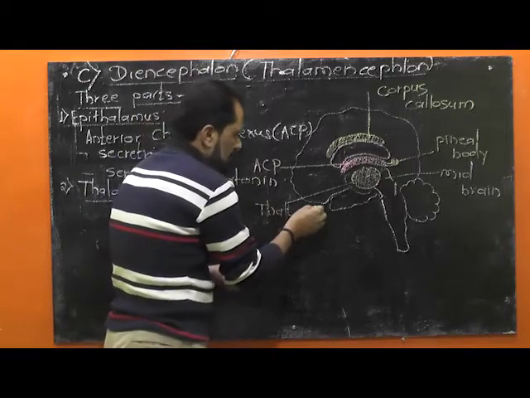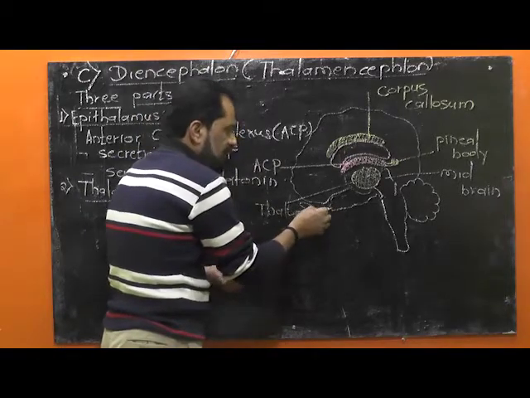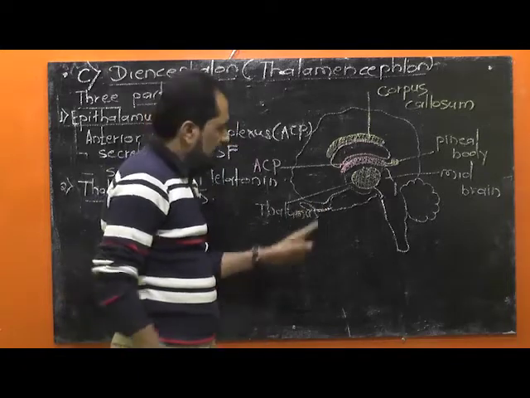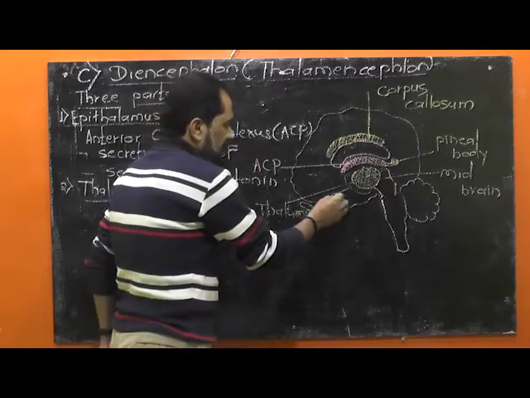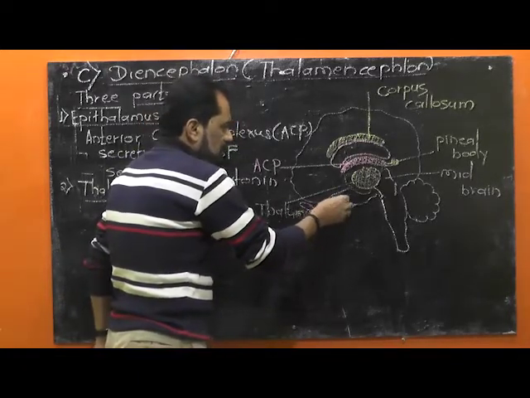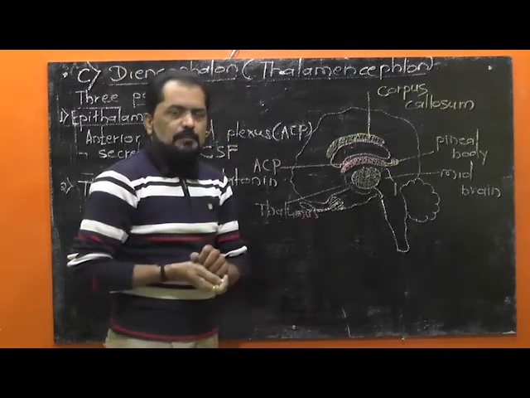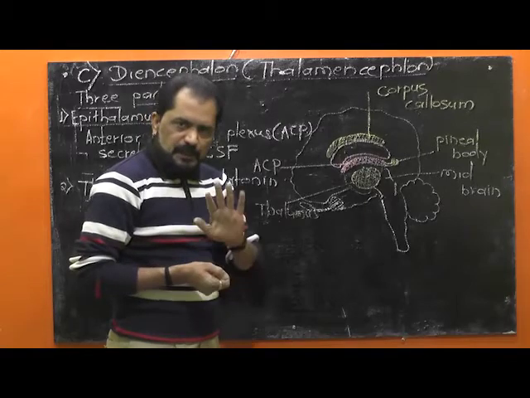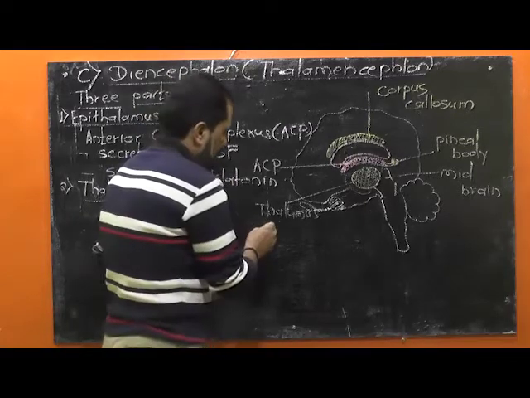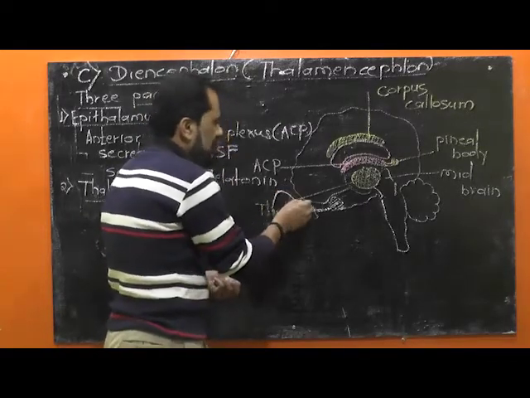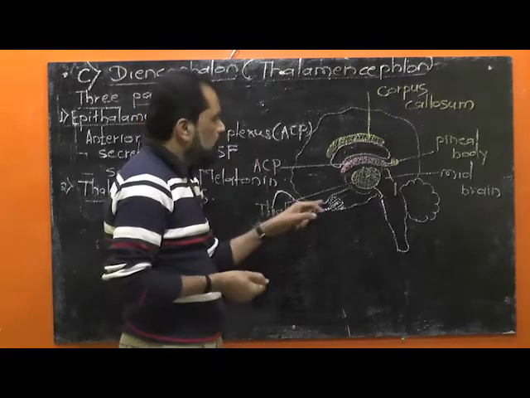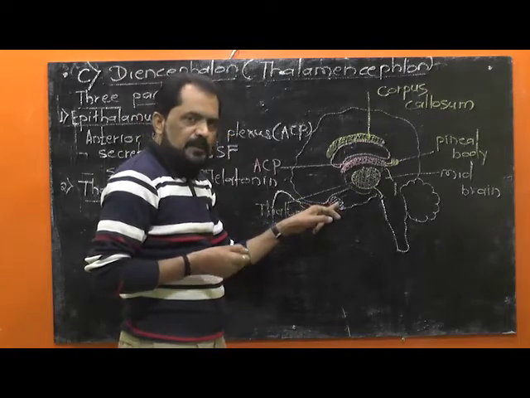here is a presence of olfactory bulb, olfactory tract, am I right? And that olfactory tract is directly in connection with the olfactory center present on the temporal lobe of cerebral hemisphere, isn't it? And that's why the sense of smell is directly transmitted to the olfactory center.